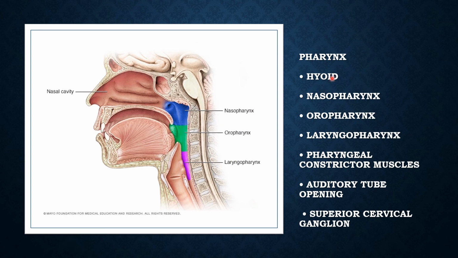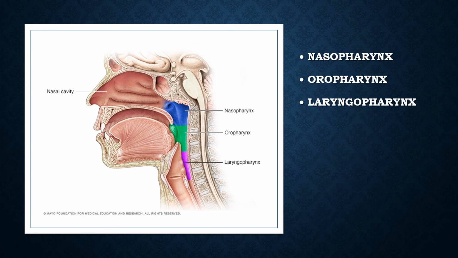The last section is the pharynx. And once again, the terms that I'm going to be discussing in this portion are found here. Up first, we're going to be talking about the regions. So we have the nasopharynx, which is in blue. And this region of the pharynx at the back of the nose and above the soft palate here.